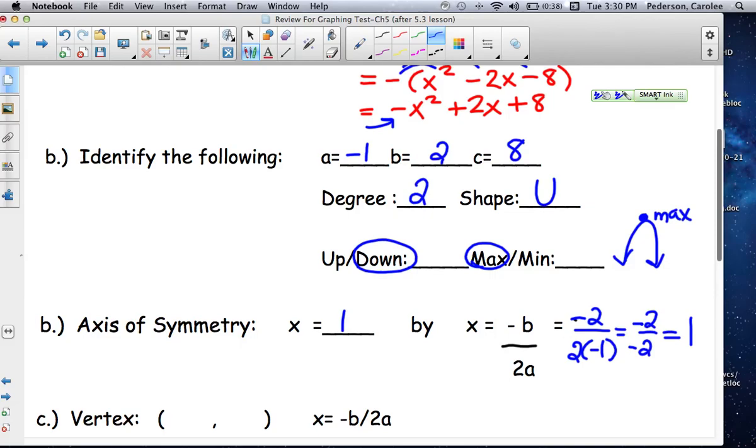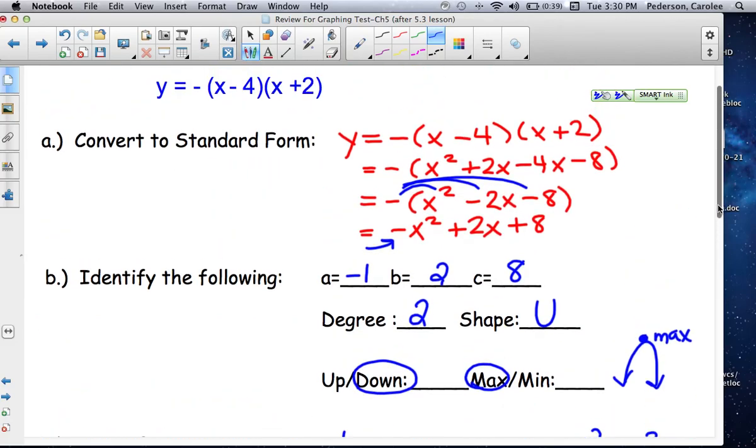Now we're going to go ahead and find the vertex. Remember the vertex, the x value of the vertex is the same x value of the axis of symmetry. So that's 1. Now we're going to substitute 1 into either the original equation in factored form or the one that's expanded out.